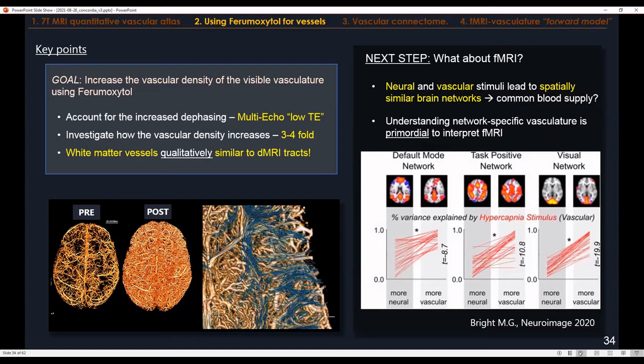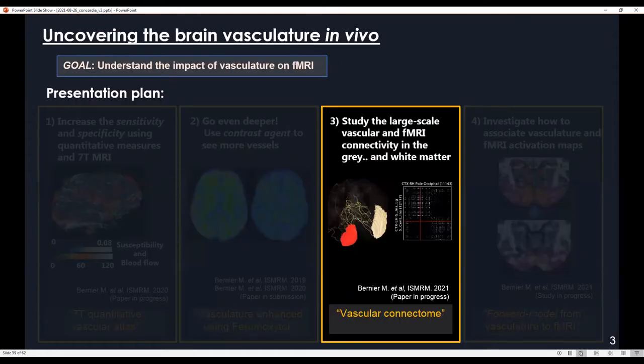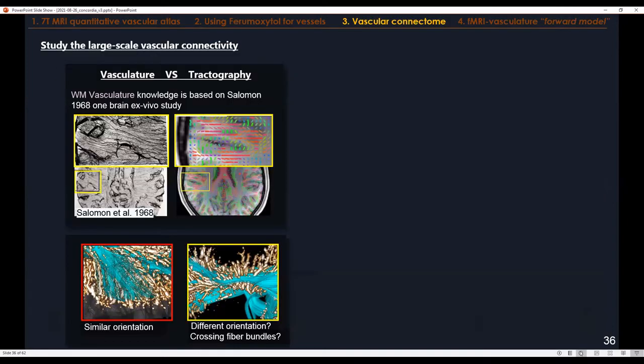In order to do this, we needed to build a way to follow those segmented vessels and build a vascular connectome. That was the goal of the third project here: build the first vascular connectome and then use it to compare to a resting state connectivity connectome.